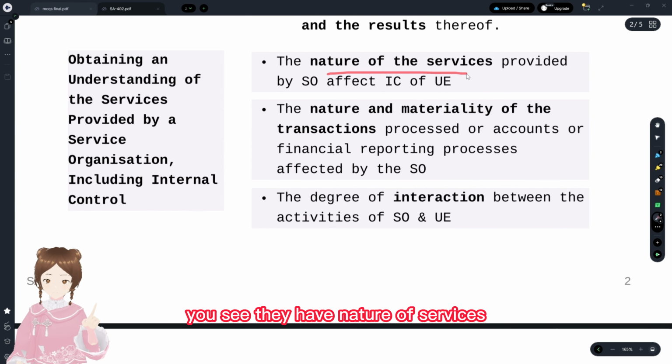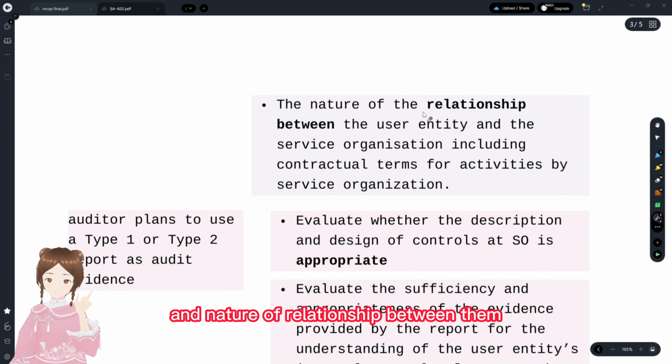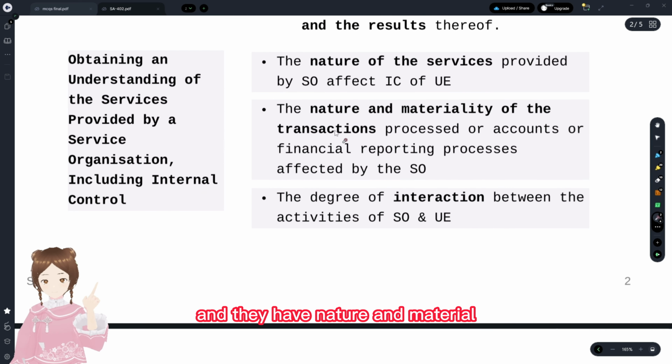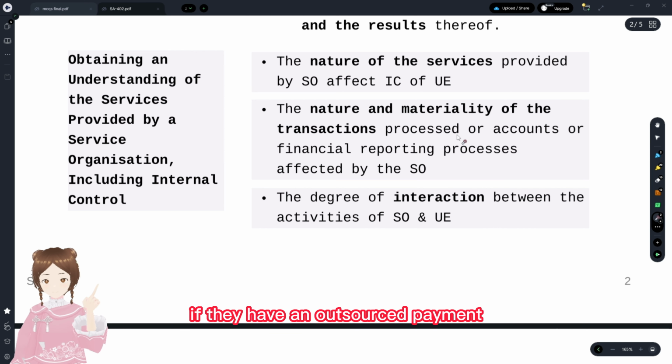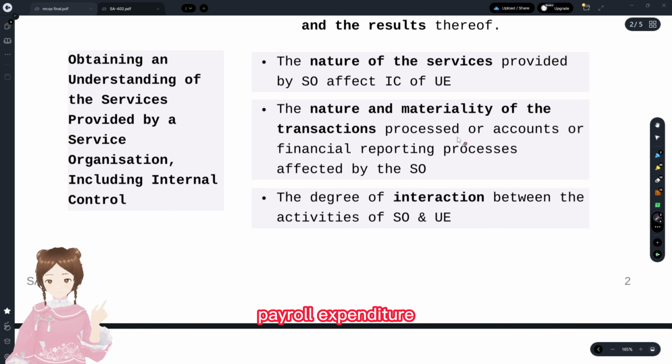You see, they have the nature of services and the nature of the relationship between them, and they have the nature and materiality of the transactions processed or accounts. That is, if they have outsourced the payroll, expenditure, or any kind of traveling expenditure.